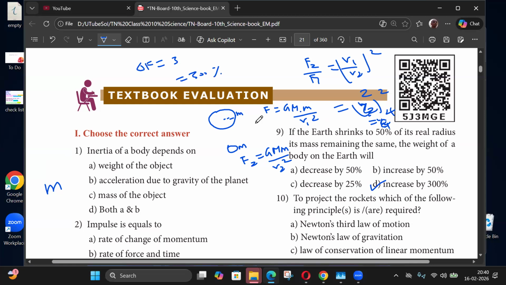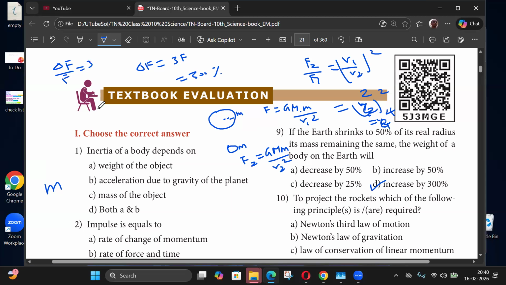Understood, no? The force in the first case is G m m by R1 square. Second case is G m m by R2 square. So F2 by F1 is inverse, it's R1 by R2 whole square. And the radius in the first case is more, so it's 2 square, it's 4. So force is 4 times more. So the change in the force is 3 times the original force. So the fractional change delta F by F is 3.